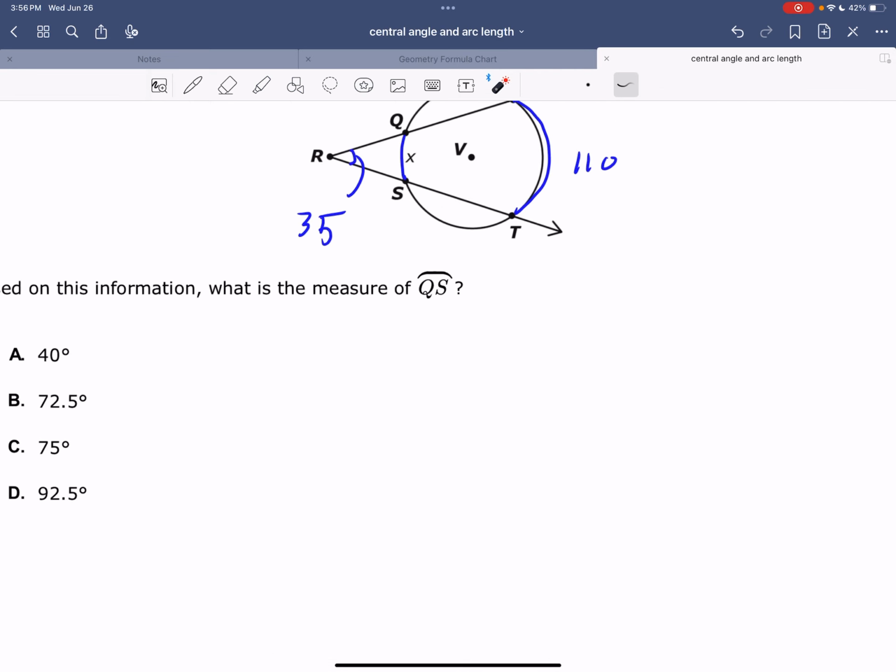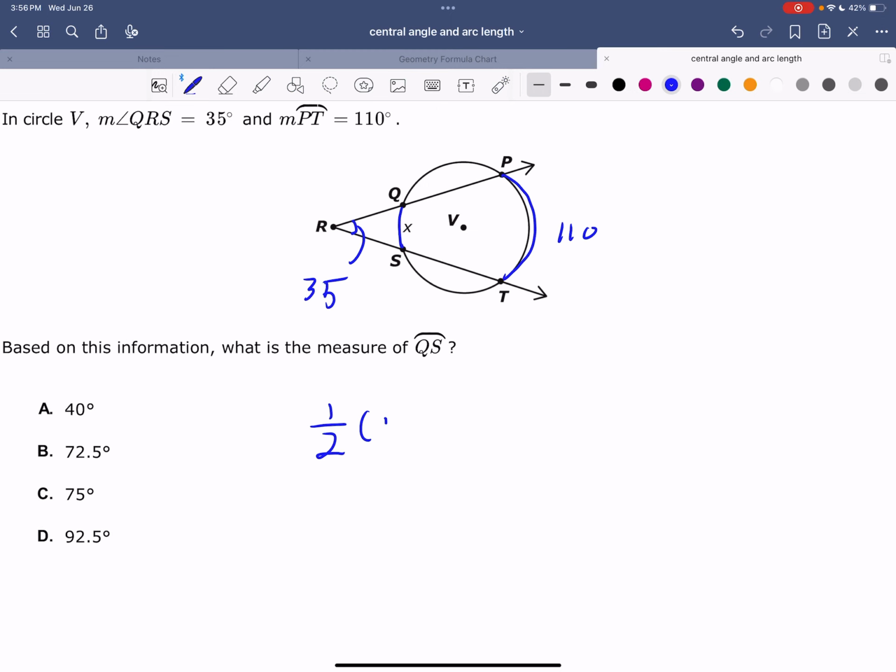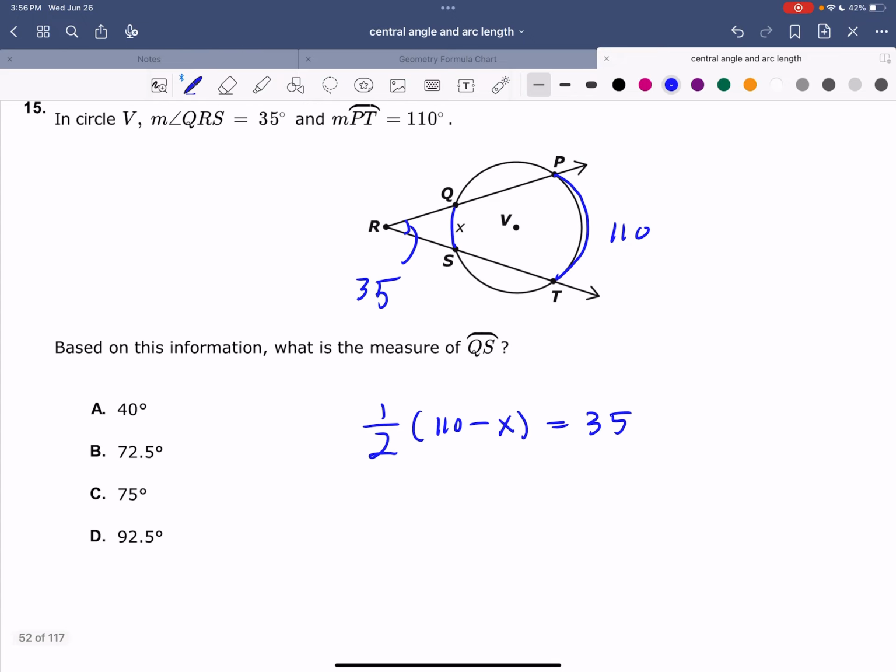I'm going to use 1/2. What's outside? 110. 110 minus inside, which is x, is equal to the angle of this one, 35. So when you use menu 31 on this one, you're going to get the answer.